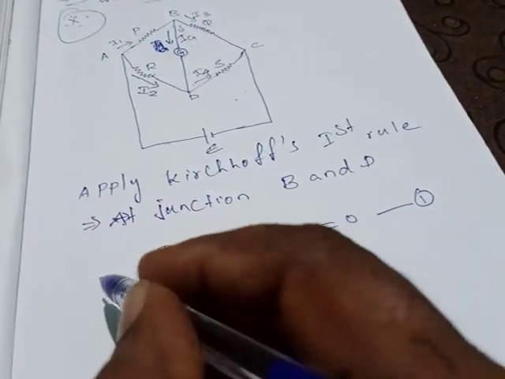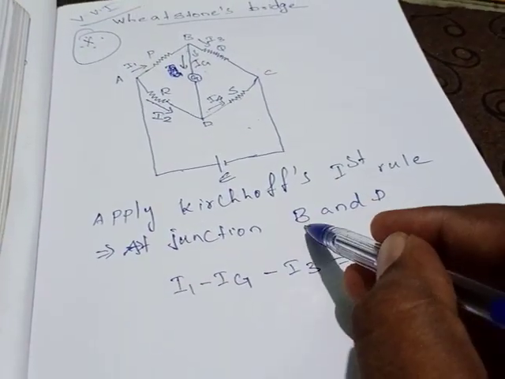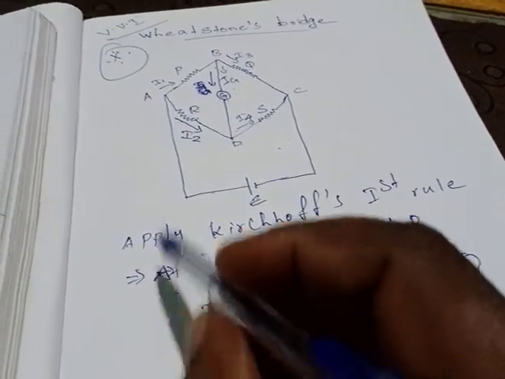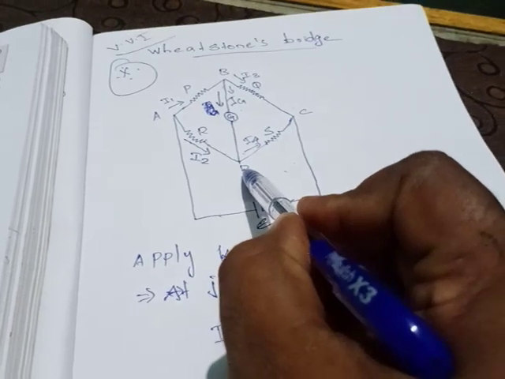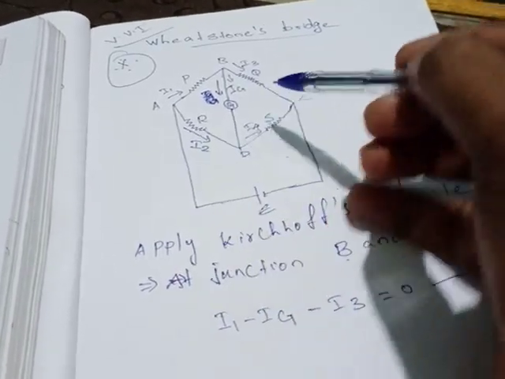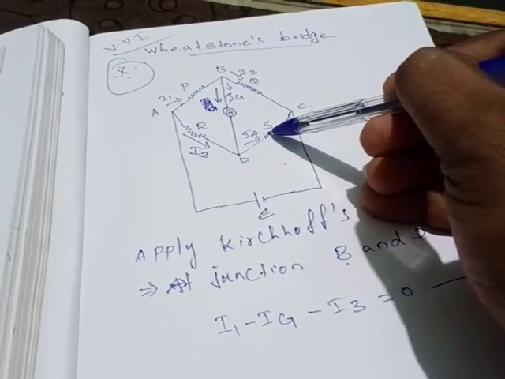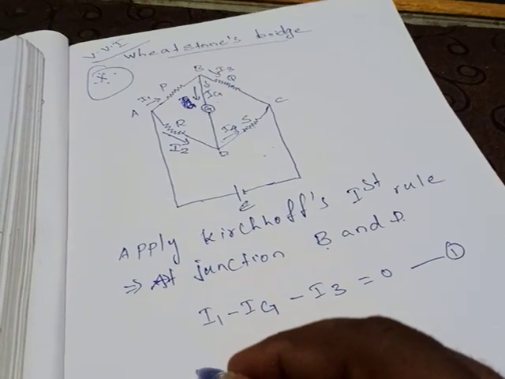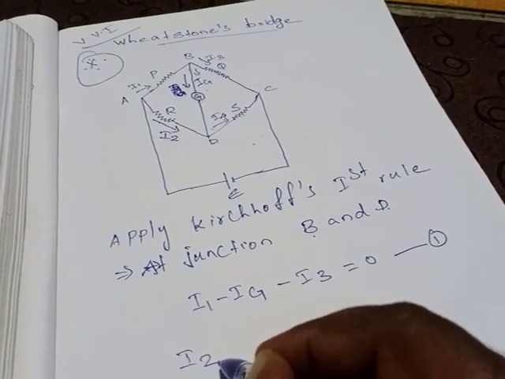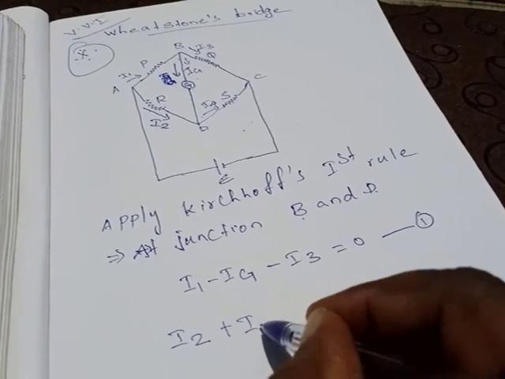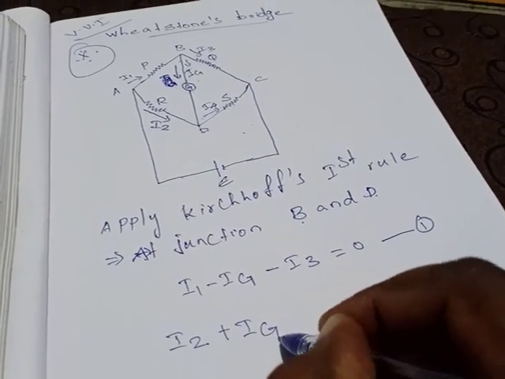Now this is at junction B, then at junction D. So take D as this junction. Towards the junction I2 is there, away from the junction I4 is there, towards the junction Ig is there. So I2 is towards, so plus I2, Ig also towards, so plus Ig.